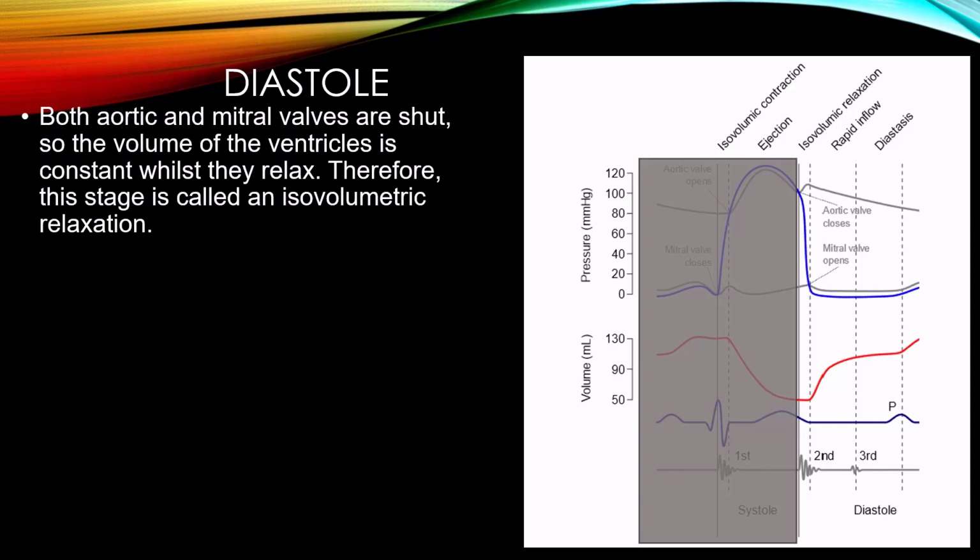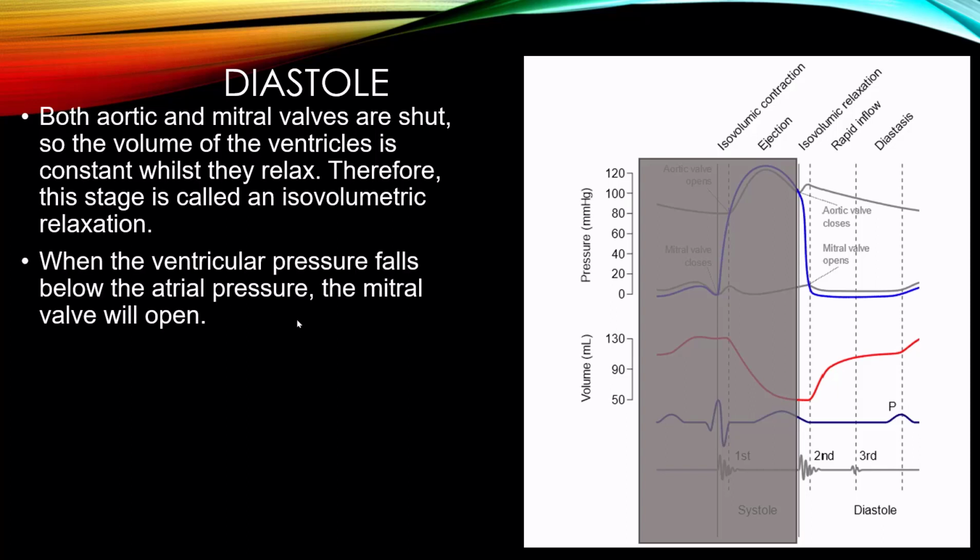In this stage, all four valves of the heart are closed and the heart is relaxing. So this is called isovolumic relaxation. When the ventricular pressure falls below the atrial pressure, the mitral valve will open.